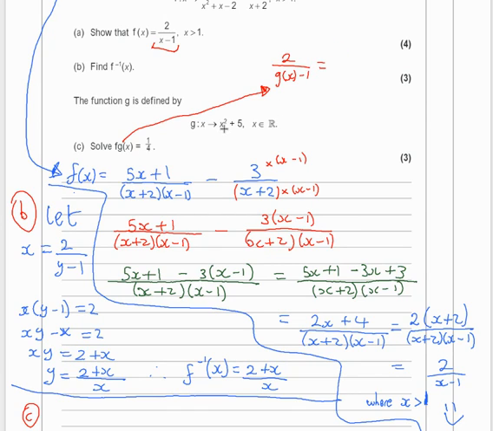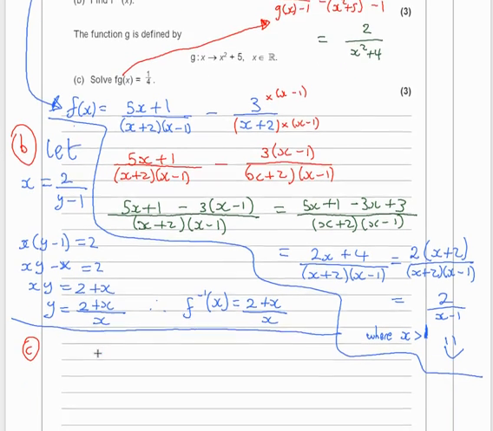And what is g of x? Well, g of x is x squared plus 5. So instead of writing g of x, I'm going to write x squared plus 5, and then the minus 1 that was here. Simplifying that gives you 2 over x squared plus 4. So we know that's f of g of x, and we want to make that equal to a quarter.